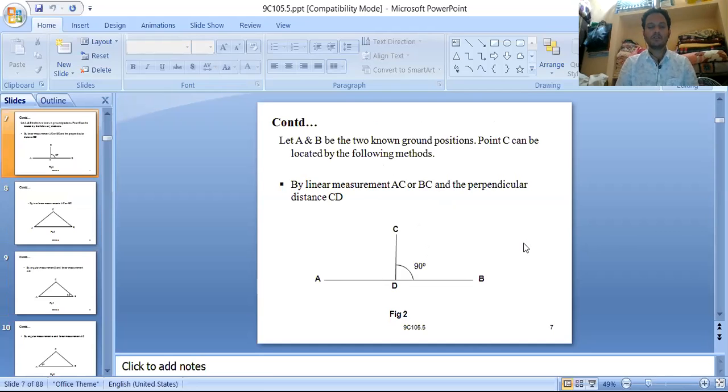Here in the figure 2, A, B are known points. Now we are going to establish a new point C with respect to these two known points.